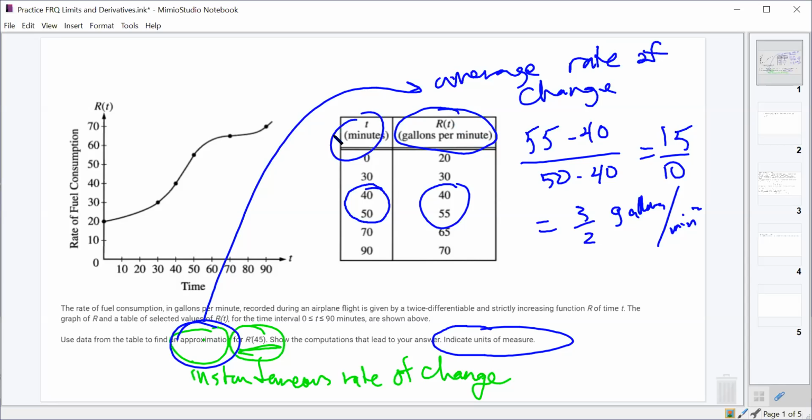And if you think about gallons per minute and then divide that by minutes, minutes over 1, flip the bottom fraction and multiply, gallons per minute squared. Does that make sense? Yeah. Okay, cool. Any other questions on that?